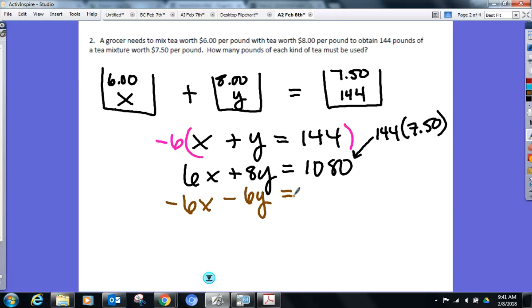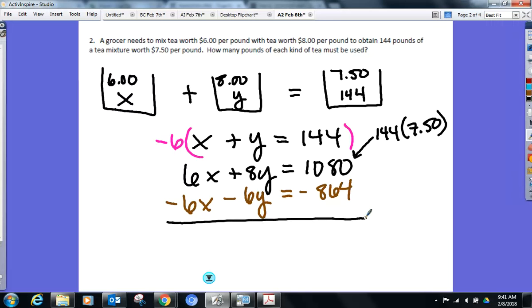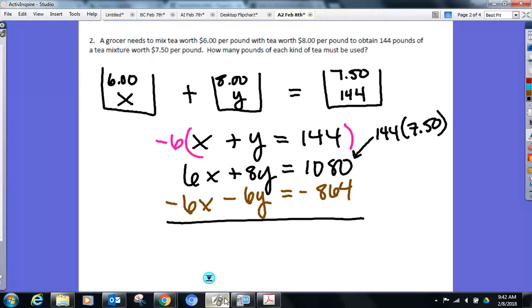Negative 6 times 144. Anybody? What do you got? All right. What's left? Not off the hook that easy, everybody. What's left? Here we go. What happens to the x's? See you later. 8y minus 6y.